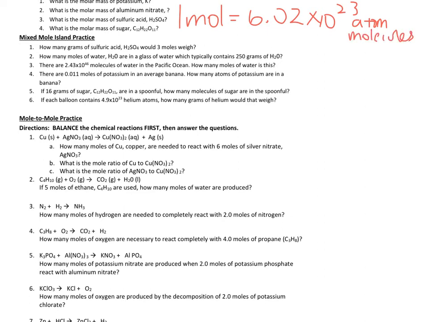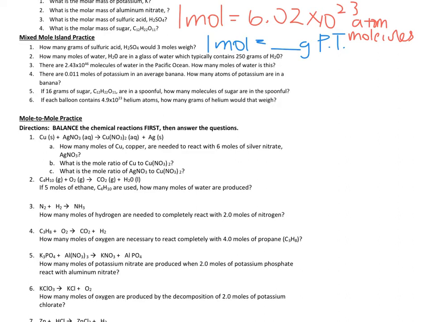And we also know that 1 mole is equal to however many grams we see on the periodic table for that element or compound. So those are the 2 conversion factors we'll be using.